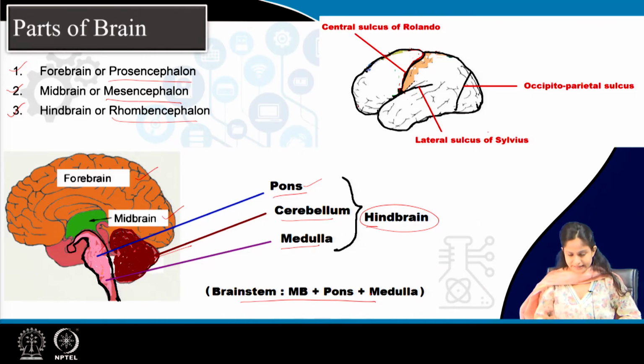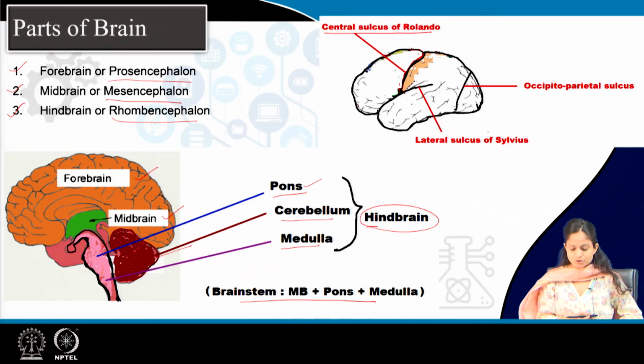Now in the cortex, cerebral cortex, anyway we'll go into details of the cerebral cortex in our further lectures, but just for a brief introduction, cerebral cortex plays a very important role in cognition. So you have to remember these three sulci. These three sulci are very important.